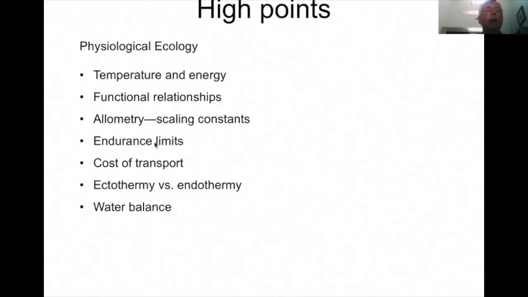We talked a little bit about endurance limits. We talked a little bit about the cost of transport and the differing or similar costs of transport as a function of body size and different modes of mobility in nature. Talked very briefly about ectothermy and endothermy, cold-bloodedness, warm-bloodedness, heterothermy, homeothermy. And we talked a little bit about water balance and about how the physiology of water balance is so important to the distribution and abundance of species.